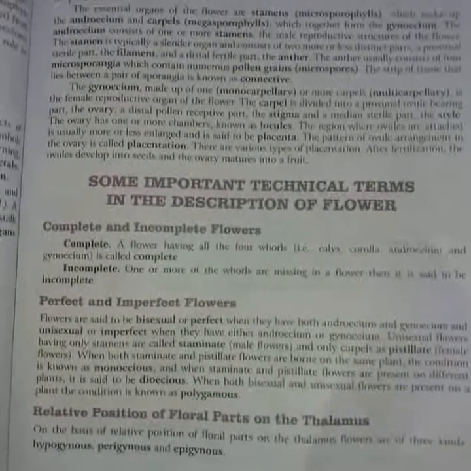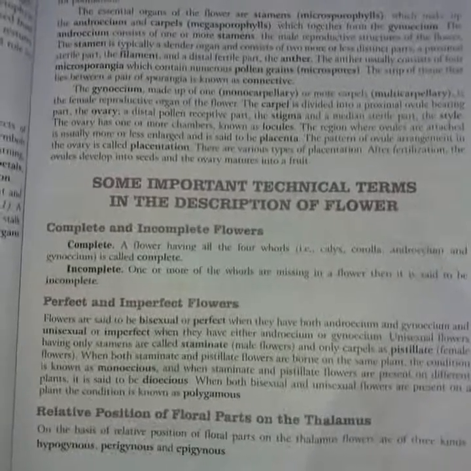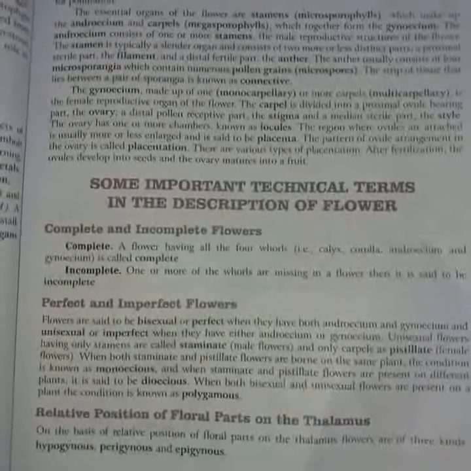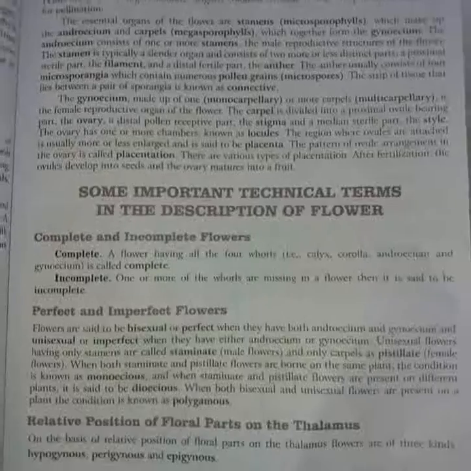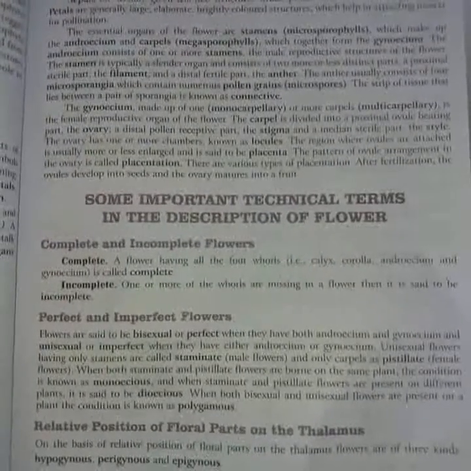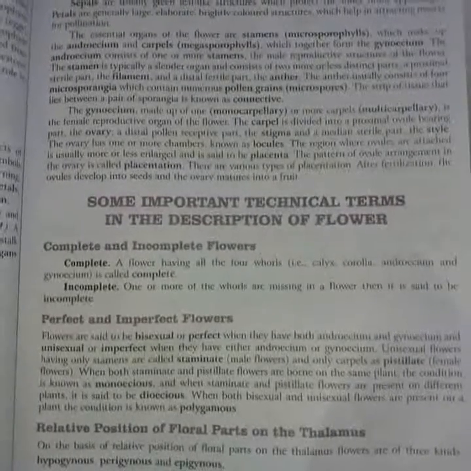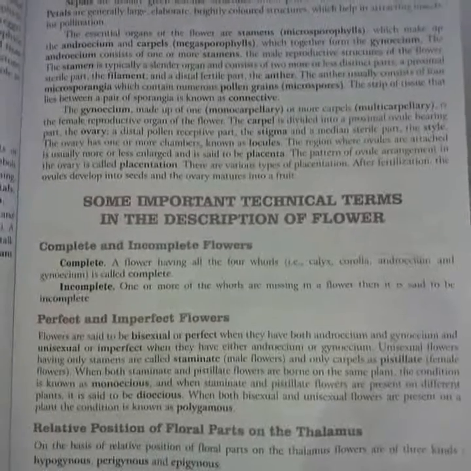Types of flower: complete flower and incomplete flower. When a flower has all the 4 whorls, calyx, corolla, androecium and gynoecium, it is called a complete flower.